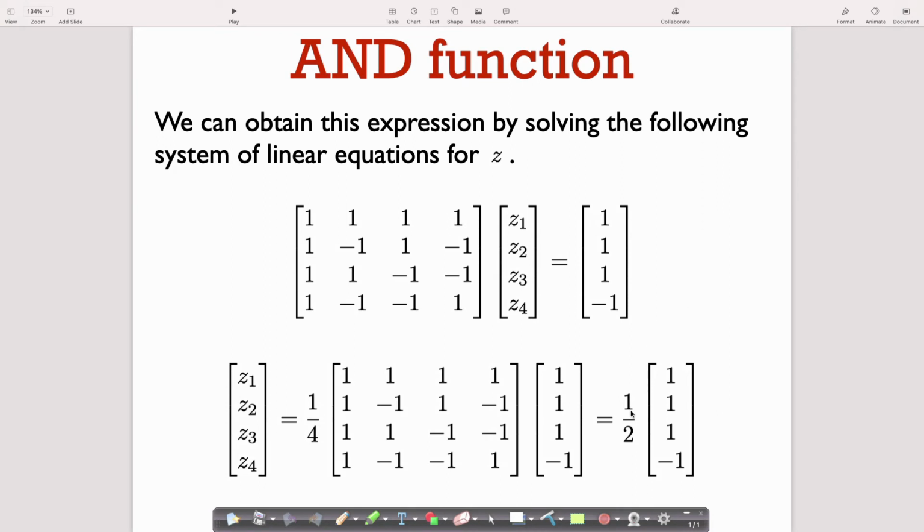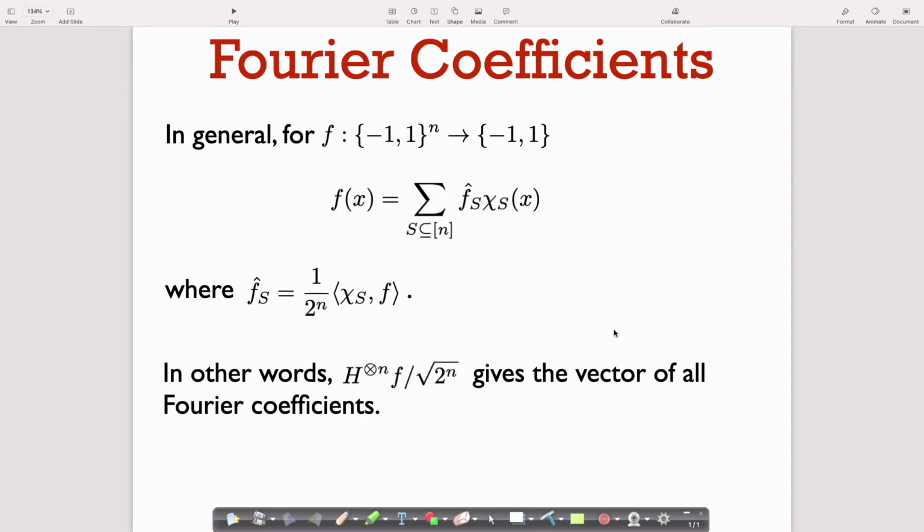So again, this tells us that the AND function can be written as 1/2 times the constant 1 function plus the function x2 plus the function x1 minus x1 times x2. And this procedure is completely general.